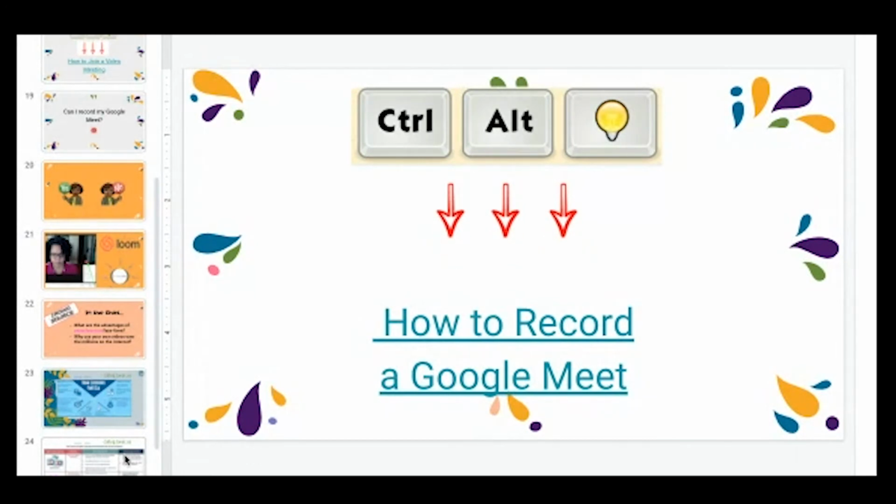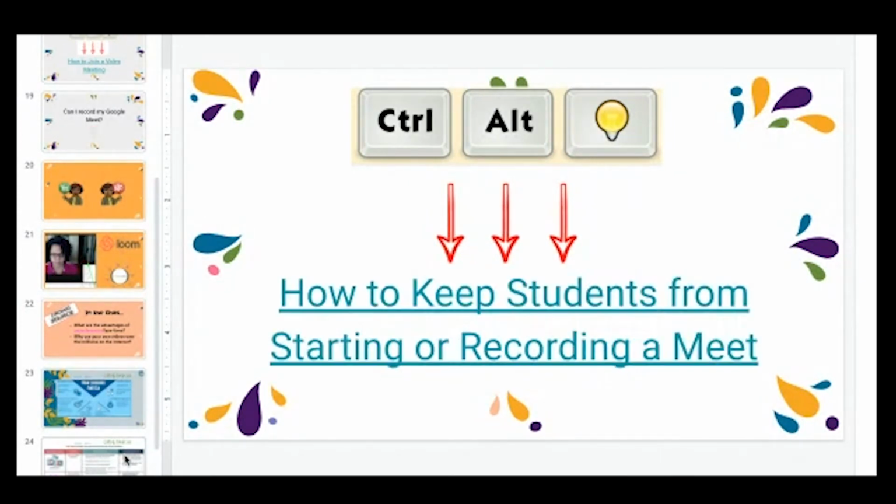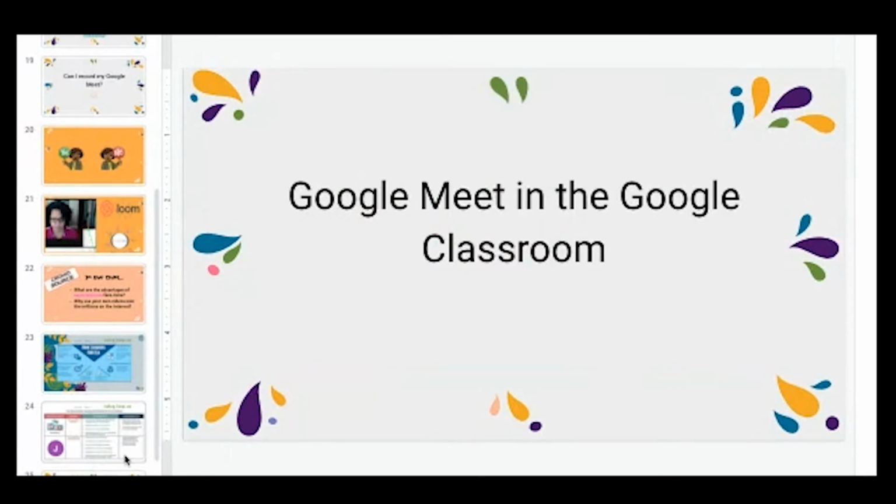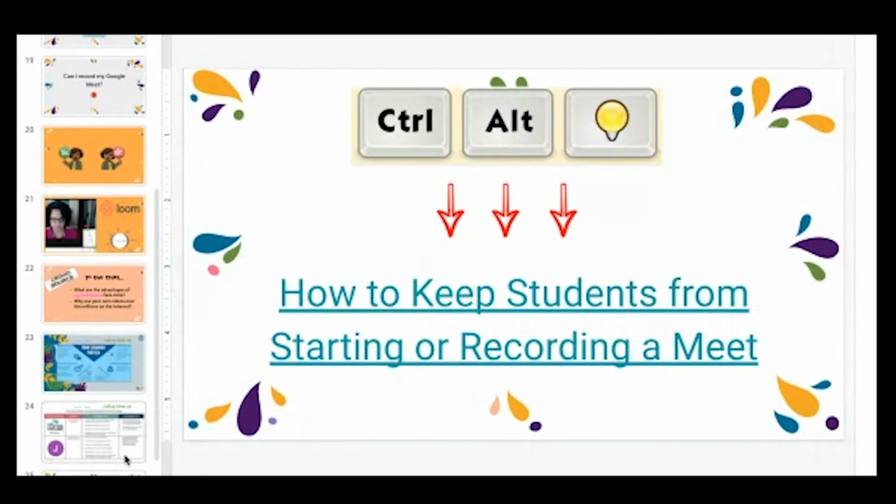So if your district opens that discussion and you agree that you want to be able to record with these limitations and rules, this video might be one to share to show someone how to turn it on. And with that come some ideas for how to keep students from starting or recording their own Meet, because that's a setting as well. So those are two learn more videos.